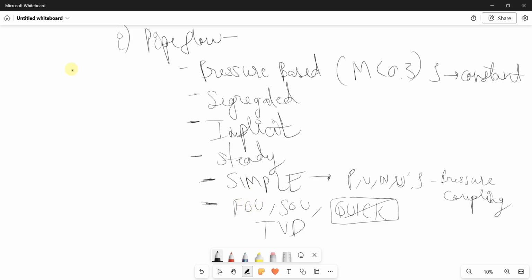Also, an important point: it's usually preferred that you use FOU for first-time convergence, and SOU, the second order upwind, for final convergence.